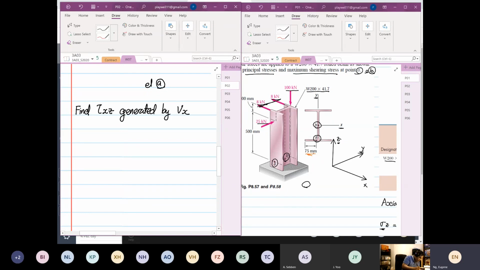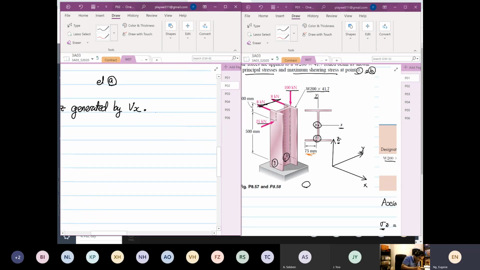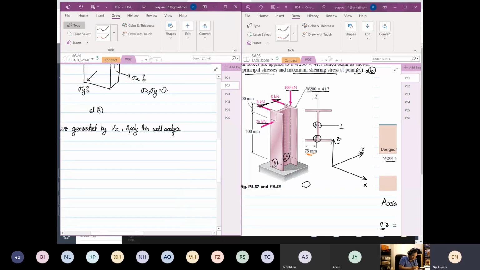On this structure we're also going to use thin wall analysis. I'm going to declare this: we're going to apply thin wall analysis.